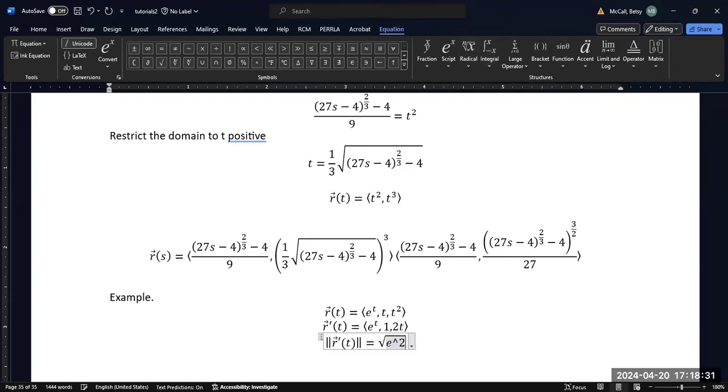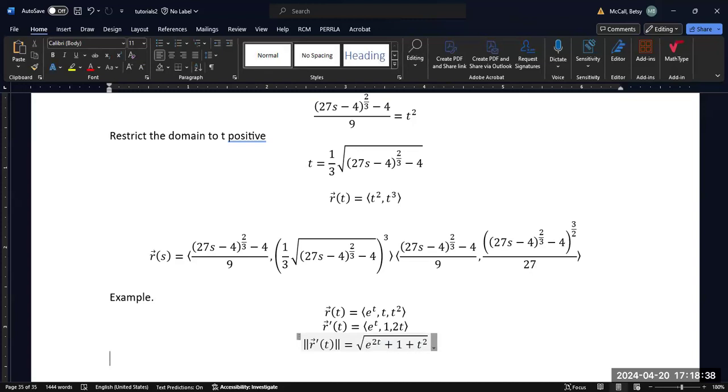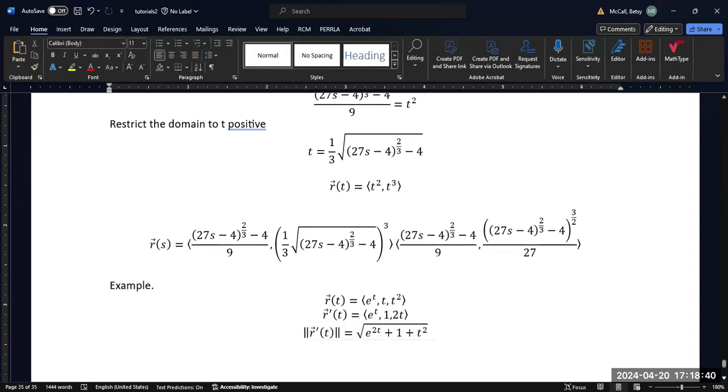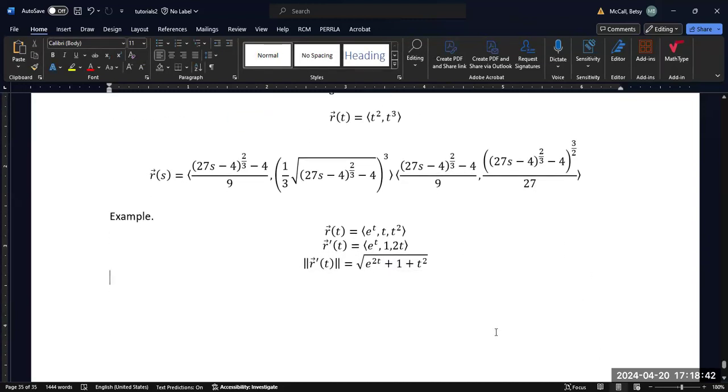So I'm going to end up with e to the 2t plus 1 plus t squared. Now, I do not know how to integrate that. And I don't think anybody knows how to integrate that, again, with a closed form solution.